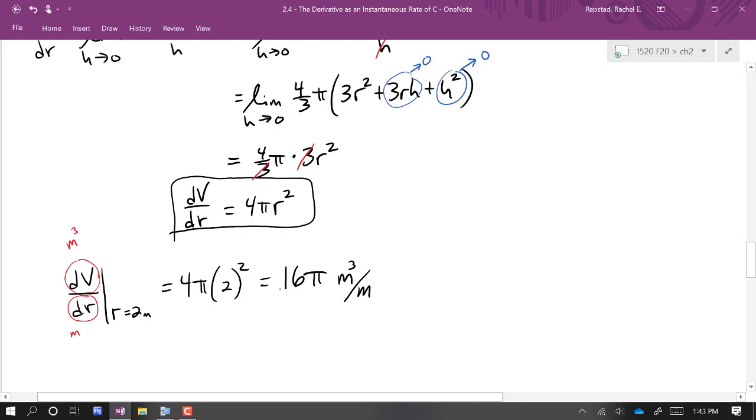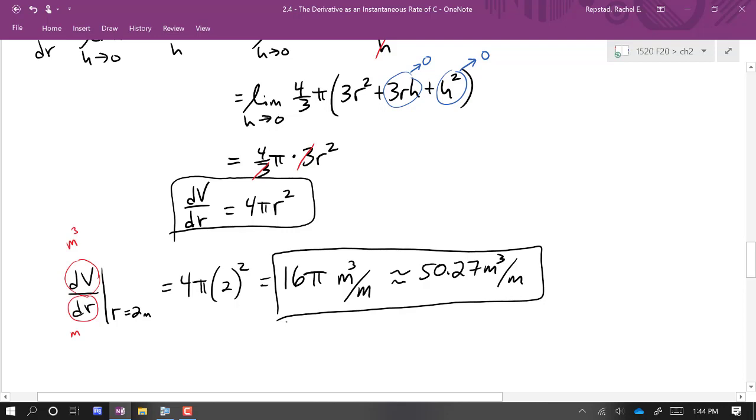Now you could approximate 16 pi if you want. If you throw that in the calculator, you'll get 50.27 cubic meters per meter. Either of these is fine. Now, you might be thinking, cubic meters per meter, why don't I just call that square meters? Meters cubed over meters is equal to meters squared. That is how those units interact.